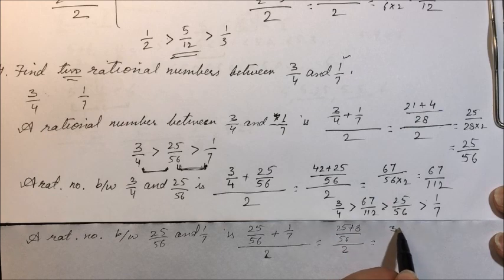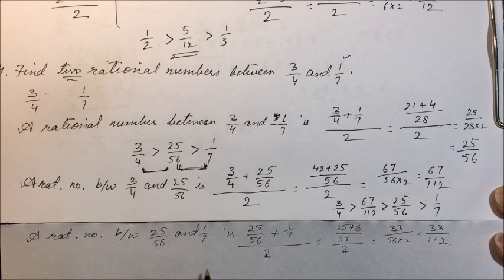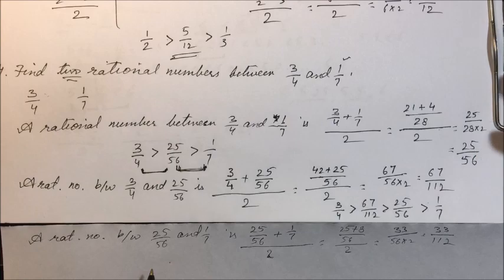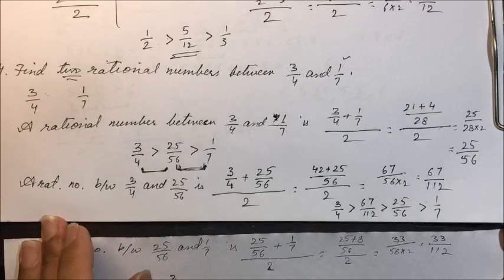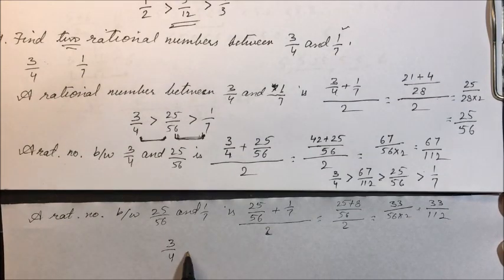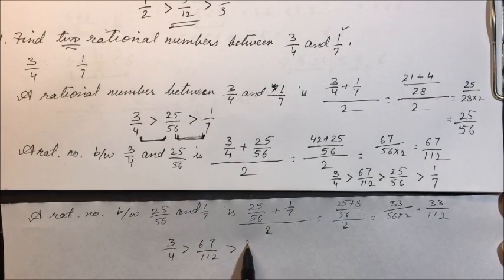It will be how much? 33 divided by 56 into 2, 33 divided by 112. So 3 upon 4, 67 upon 112, 25 upon 56, 33 upon 112.